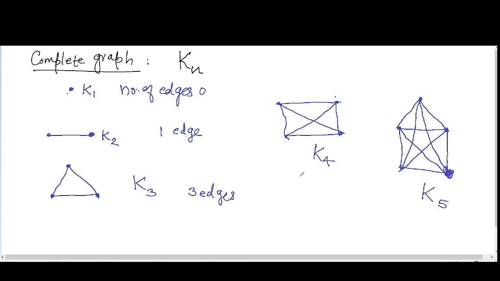In K4, there are 6 edges. And in K5, there are 10 edges. Okay, so this is the complete graph on n vertices.